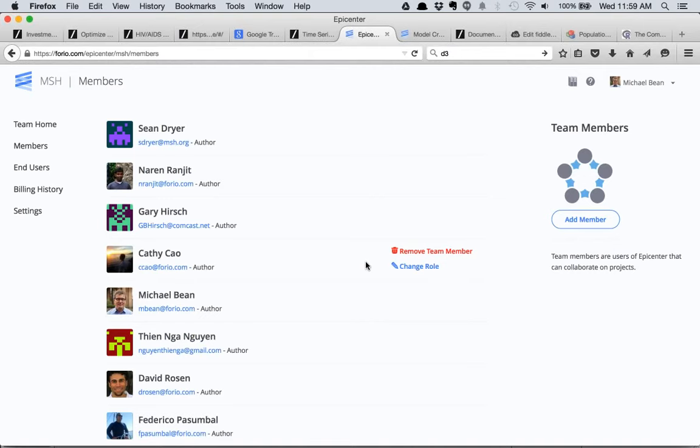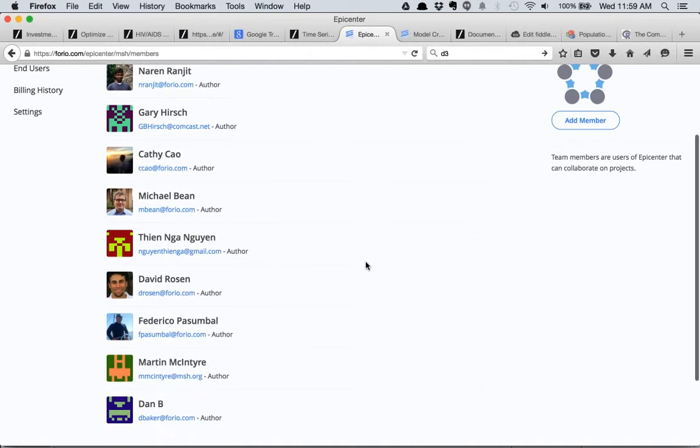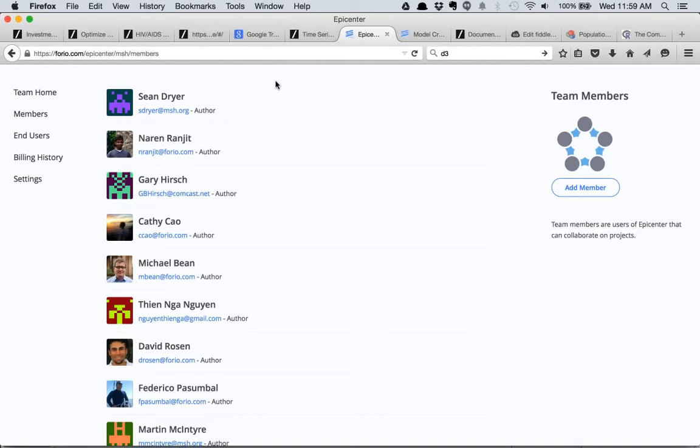There might be QA in there. So if there's a bunch of people that come together to build something, they all want to have access to it before it's published. You don't necessarily need this if you're a lone developer, but it can be really useful if you have a team coming together to work on stuff. So you can invite people to the team to create things and collaborate together.